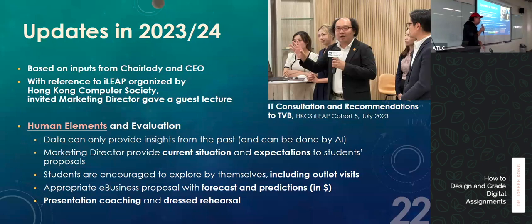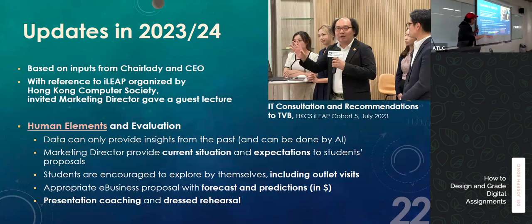Now, some students are very smart. Data analysis can be done by AI, but the interpretation of the data should be done by a human being. That is why we asked the marketing director from Bauhaus to tell us what they are doing, what their current situation is, and what their expectation is of the students' proposals.